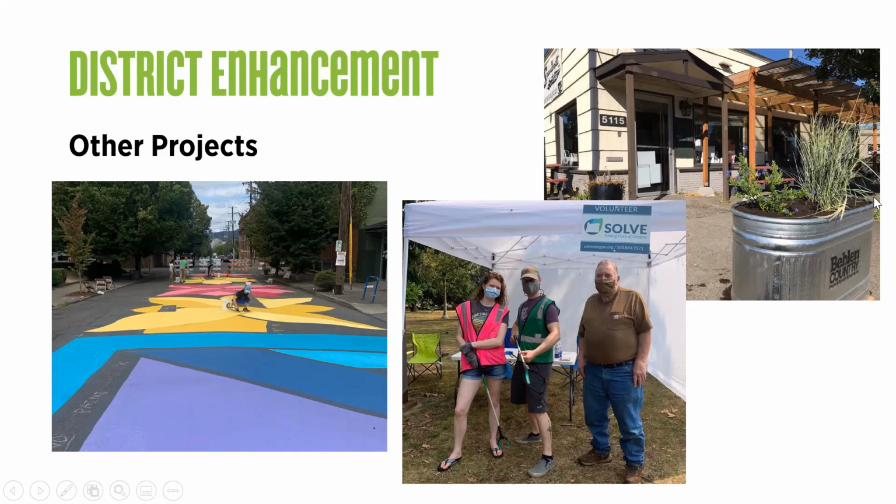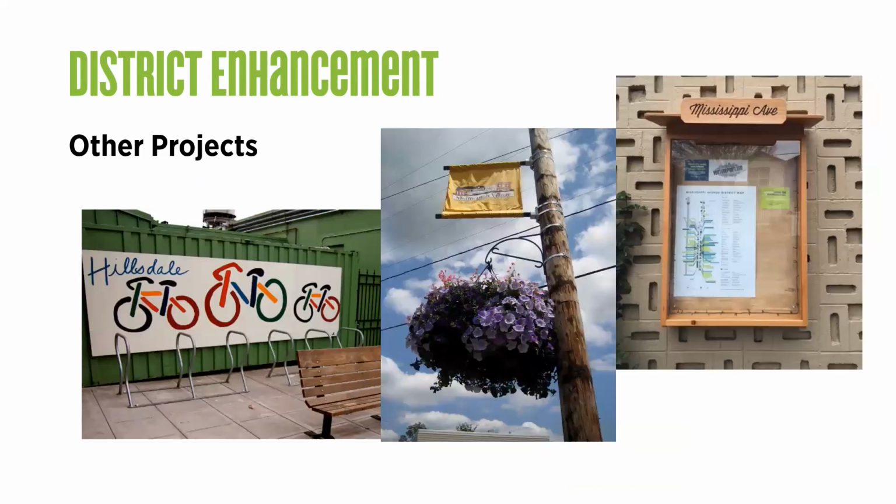They purchased a bunch of those, drilled some holes in the bottom, and filled them with dirt and plants to really make the district greener, more enjoyable, because some of the areas of the district really didn't have a lot of greenery. So they wanted to make it more enjoyable for people to spend time there, but also green up the district. So that was a great one as well.